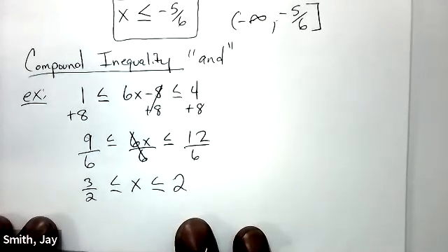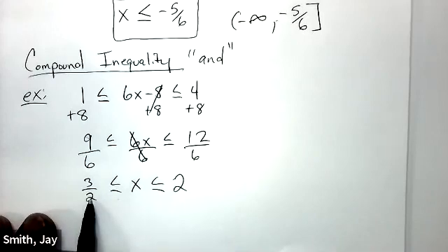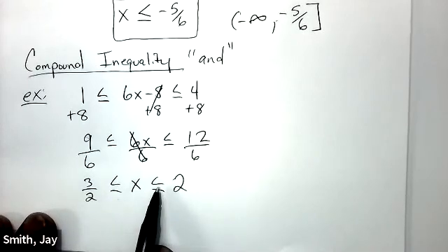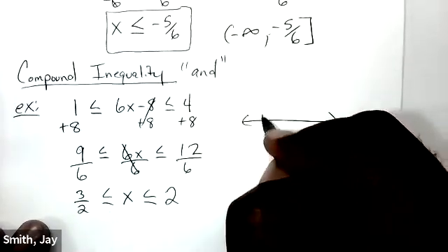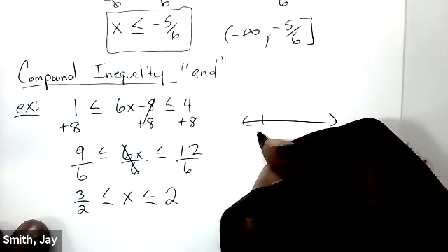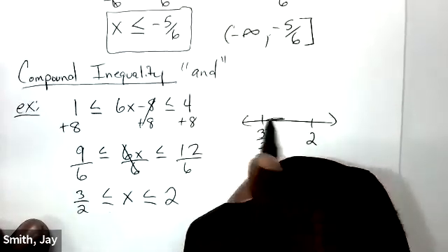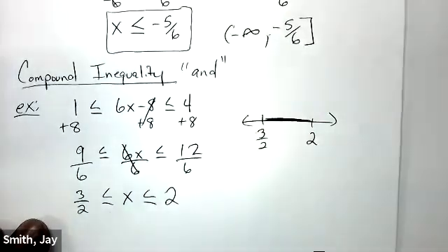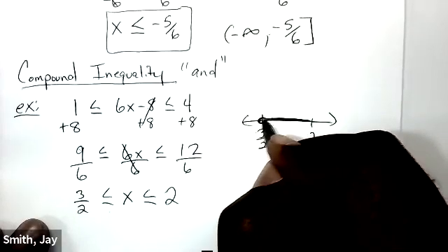The reason I call this an "and" problem is because x is greater than or equal to 3 halves and less than or equal to 2. So the solution set is in between two numbers, those values being 3 halves and 2. Every value in between 3 halves and 2 is going to be shaded, and because it has the or equal to symbols, we include those values in the solution set.